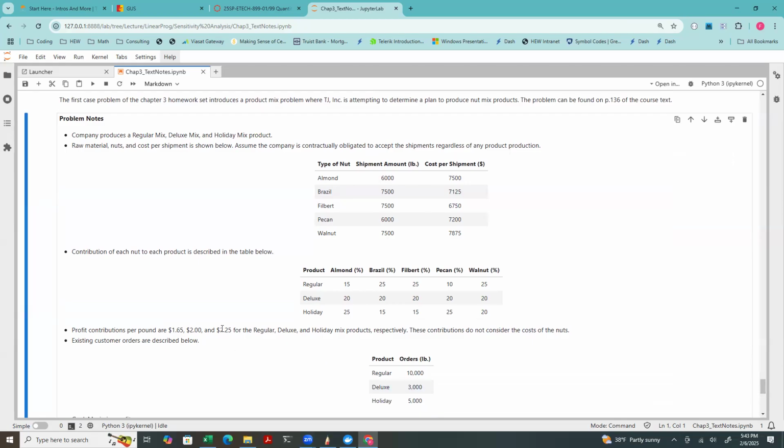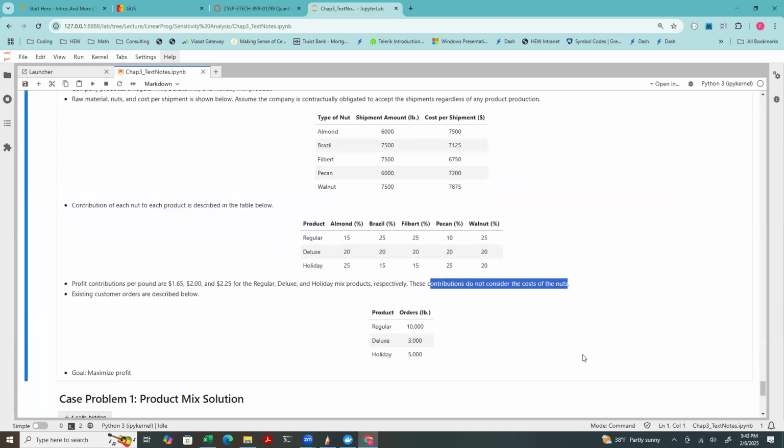So $1.65, $2, and $2.25 for regular, deluxe, and holiday mixes respectively. They don't consider the cost of the nuts in these numbers, so that's noteworthy. And we've got some existing customer orders here. It looks like 10,000 pounds are needed for the regular product, deluxe is 3,000, and the holiday is 5,000 there.